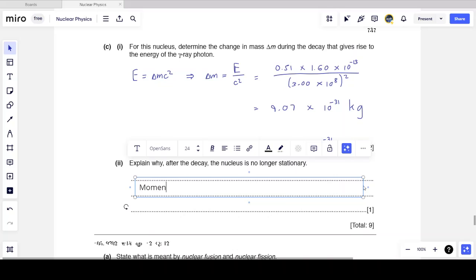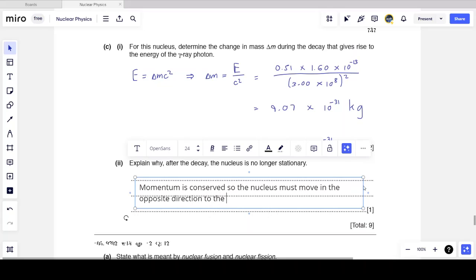And like we've said before, momentum must be conserved before and after the photon is fired. So the nucleus must recoil, or must move in the opposite direction to the photon, and this will conserve momentum.